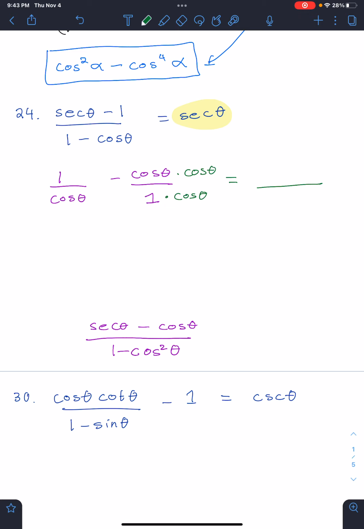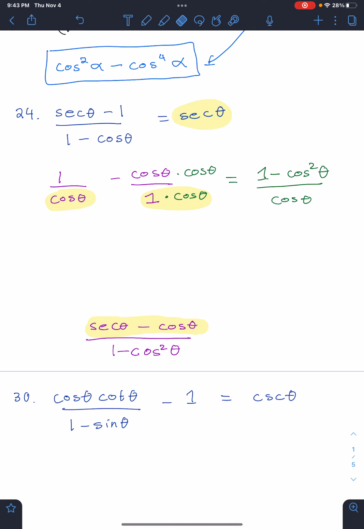And when you're subtracting fractions, do you notice that both of these are the same? So you copy that once. And then on top, I got 1 minus cosine squared. So all I've done here is this statement right here. This is equivalent to that.